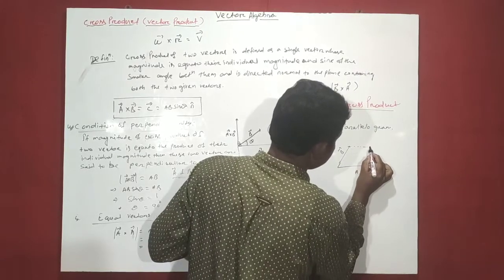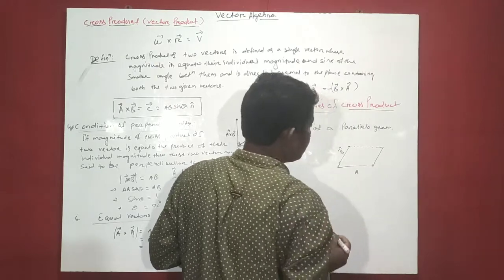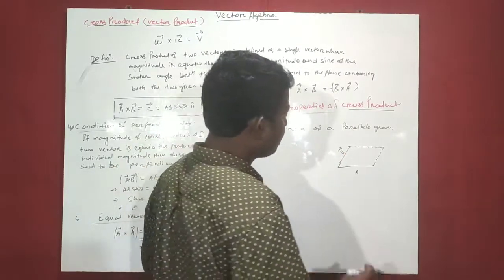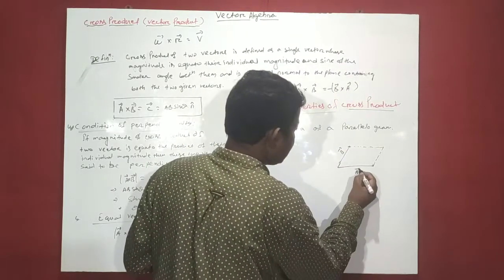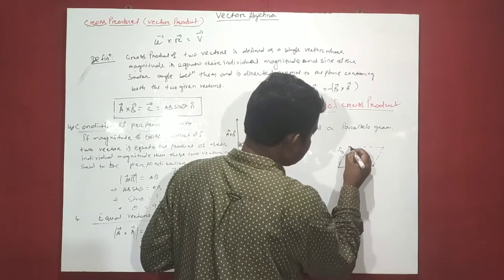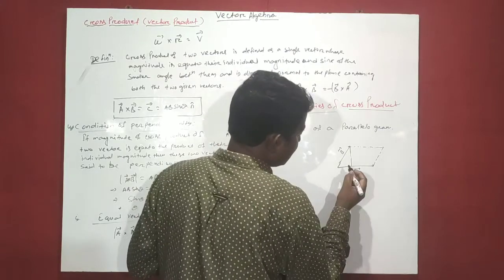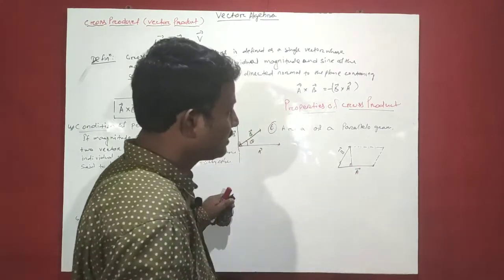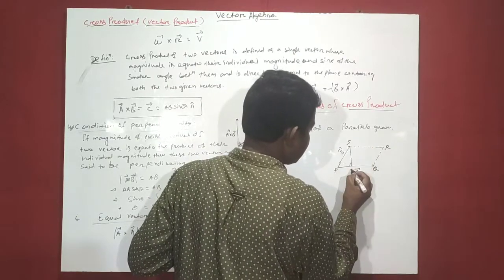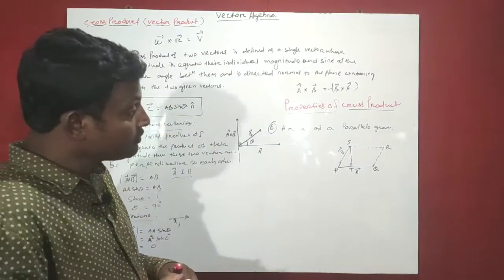If we complete the parallelogram, let me draw a perpendicular from the head of B to the side A. Let this be P, Q, R and S, and this is T. This is the parallelogram PQRS.